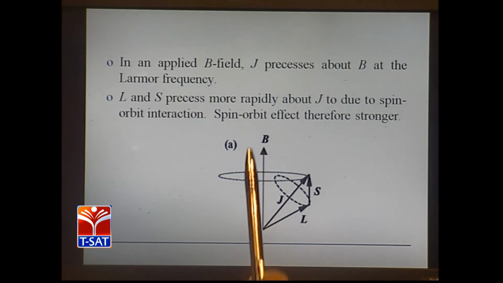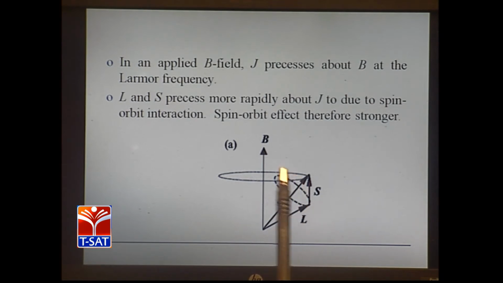This is the arrow mark showing the direction of the magnetic field B, and you will find L as well as S two vectors, they should be added to produce J as a vector, and this J vector total angular momentum is rotating around the B value. Hence, this is how the atom experiences the magnetic field.